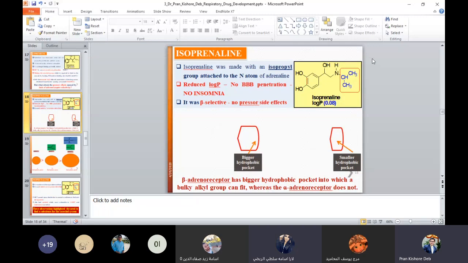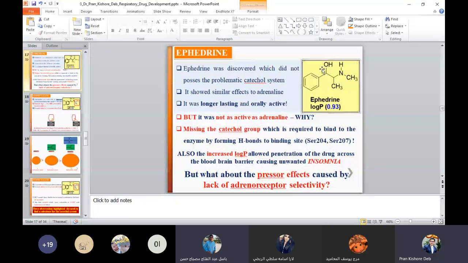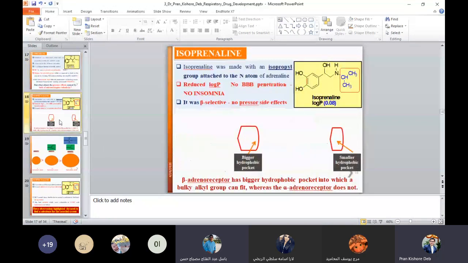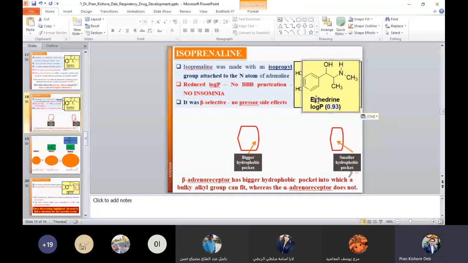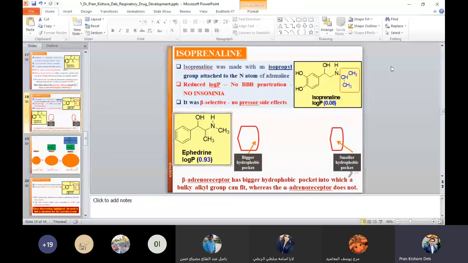Okay, I repeat my question. How many advantages of isoprenaline as compared to ephedrine? I bring the structure here. This is the structure of ephedrine. Look at both the structures together. Now tell me, how many advantages of isoprenaline do you see as compared to ephedrine?